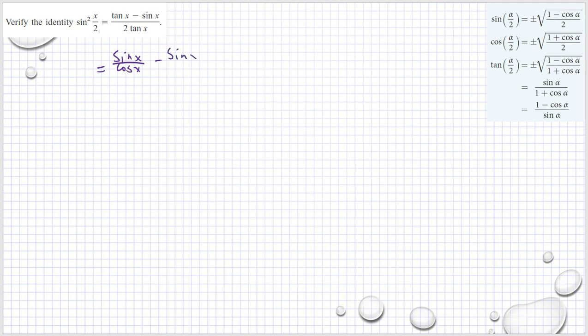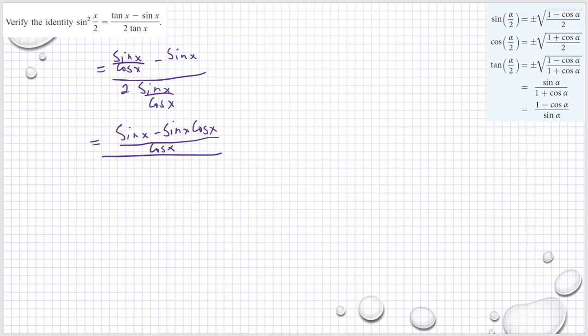So we have sine x over cosine x minus sine x, over 2 sine x over cosine x. Then simplify: sine x minus sine x cosine x over cosine x, over 2 sine x over cosine x. So this cosine x will become 1.